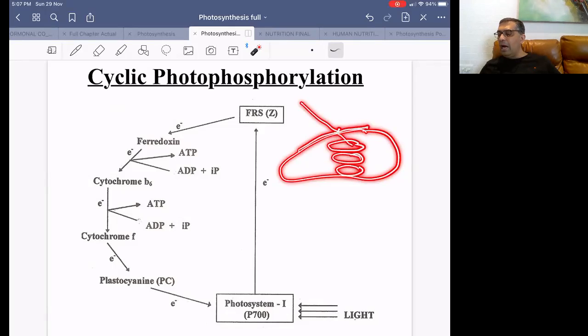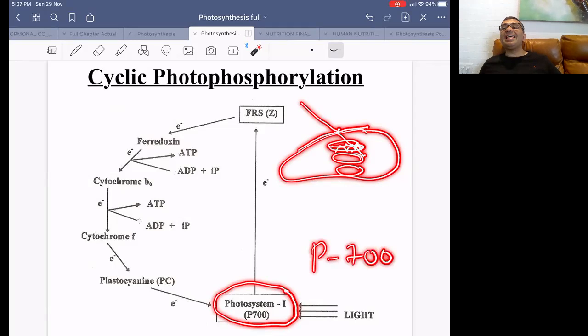In the grana, it passes into a thylakoid. From the thylakoid it will pass into quantosomes, which have in them photosystems, of which PS1 or P700 is the photosystem which gets excited at 700 nanometer wavelength of light.